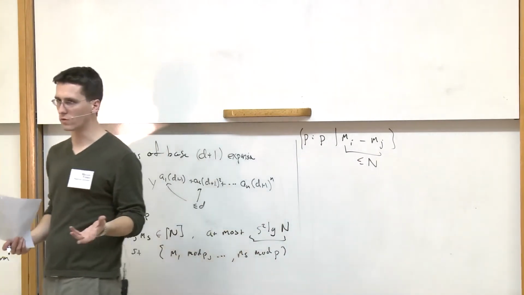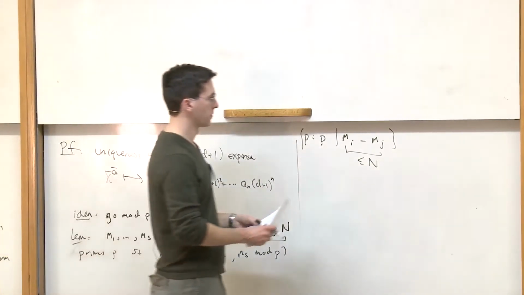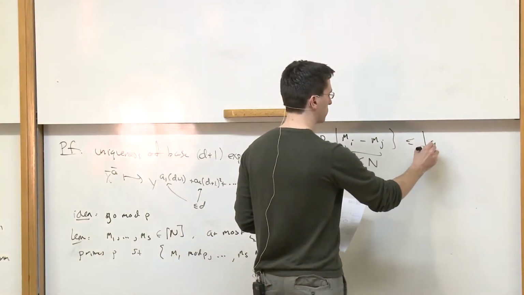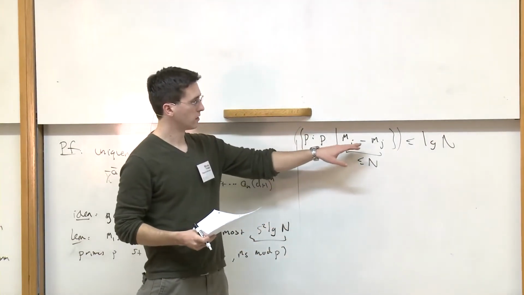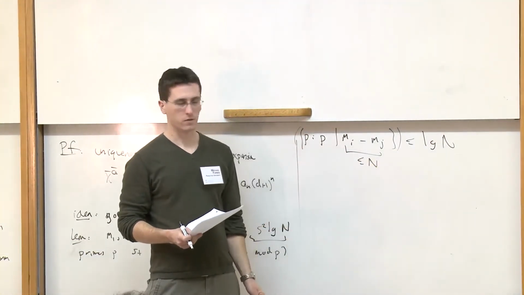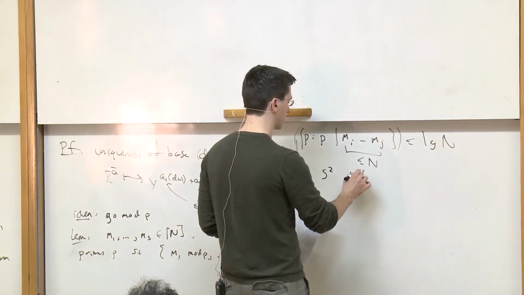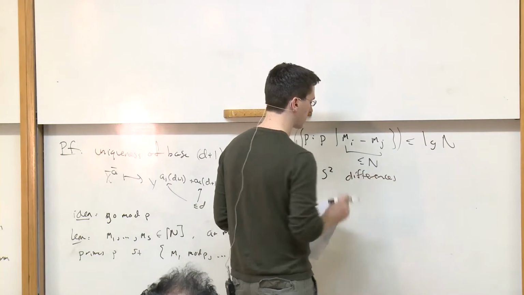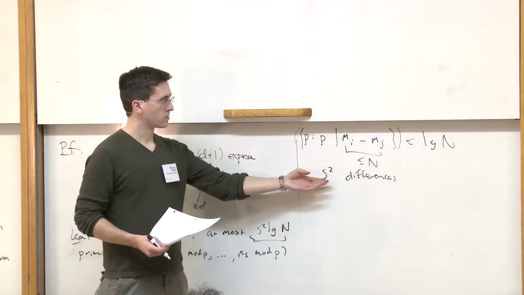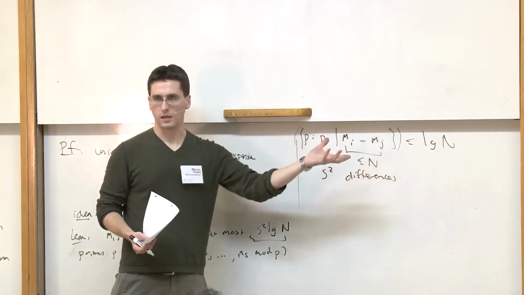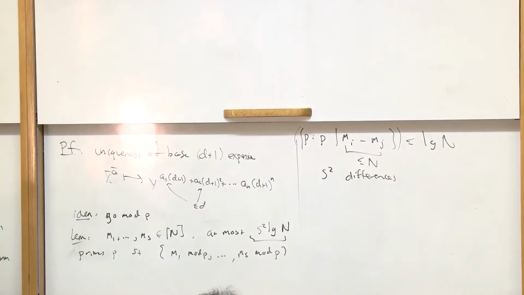Every prime is at least 2, so there can be at most log N primes that divide this. So this set is of size at most log N. And how many differences are there? There are s squared differences, so there are at most s squared log N primes where one of the differences is zero modulo that prime. That gives you what you want.